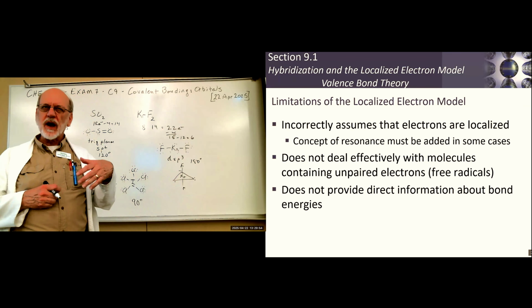It doesn't accommodate them. And the one that I left out, I need to put this one in there: the localized electron model does not account for geometries that don't fit the model. And in order to correct that, we had to introduce hybridization.